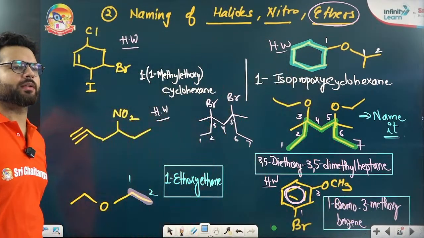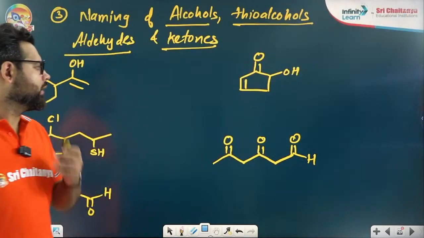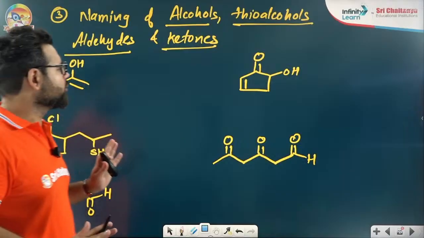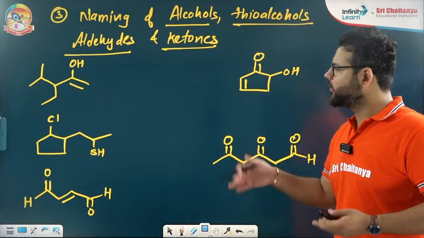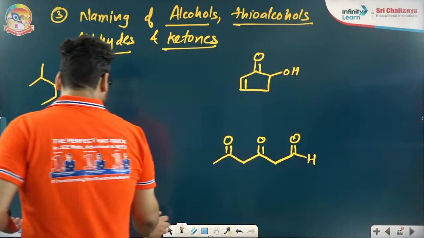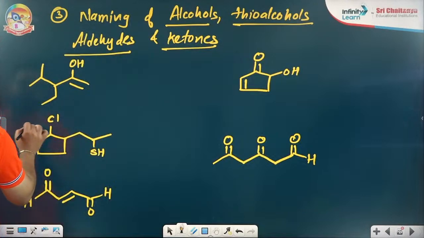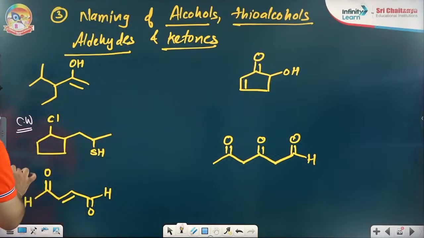Okay? Yes. Good, Gayatri. Now, these are the functional groups which you can easily answer. I don't have to tell you the naming of alcohols. Already we have done so many. I want you to do this one. Do this one, classwork. Do this one, this is homework.